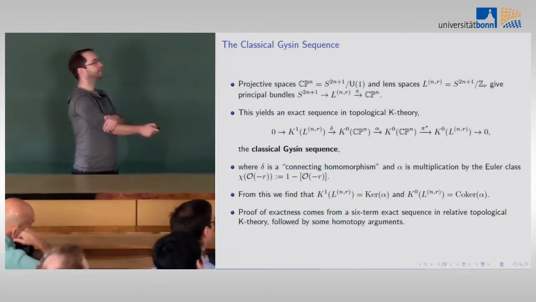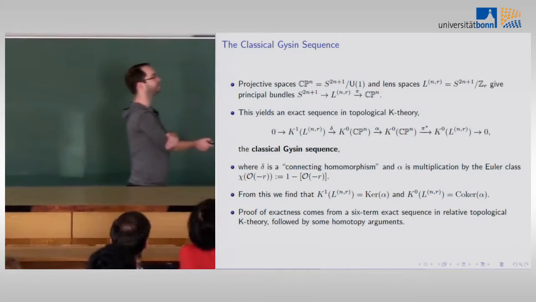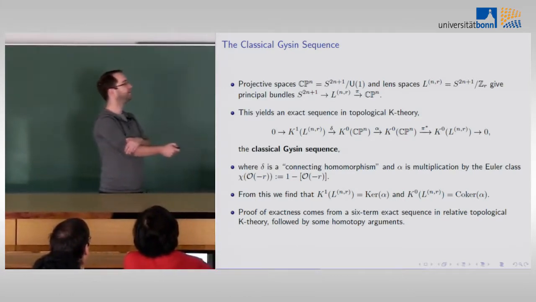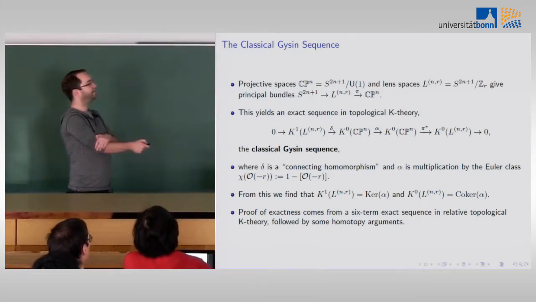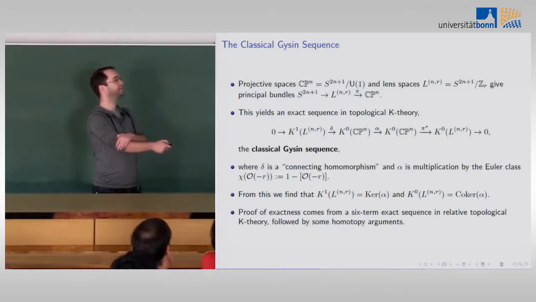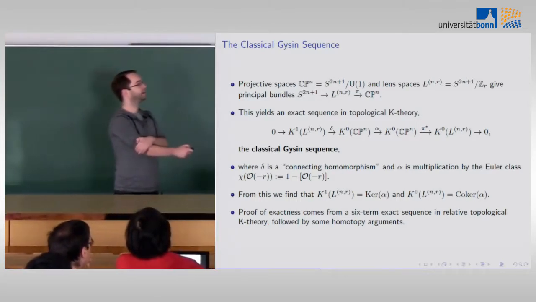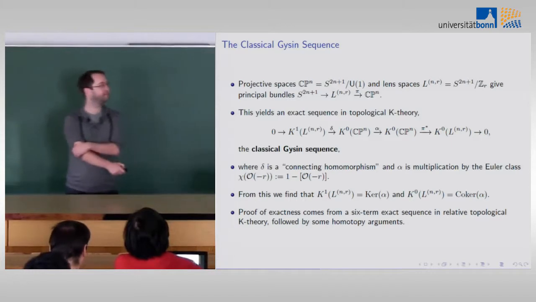Well, this delta is a connecting homomorphism that you usually find in exact sequences in K-theory. This alpha is multiplication by the so-called Euler class. If I take the canonical bundle and raise it to the rth tensor power, then its Euler class is 1 minus the class of that line bundle. So this map is multiplication by this class.